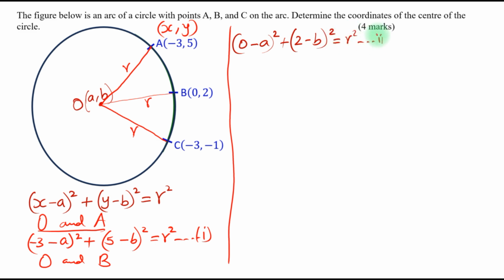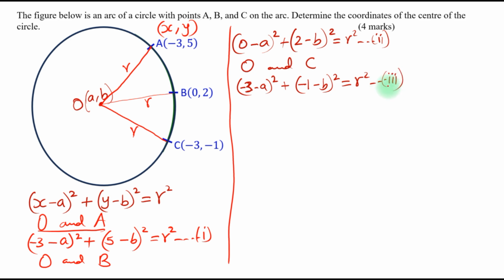We call this the second equation. And also we take point O and C and form an equation. So we have x is minus 3, substitute into the general equation: (minus 3 minus a) squared plus (y is minus 1, so minus 1 minus b) squared equals r squared. This is the third equation.